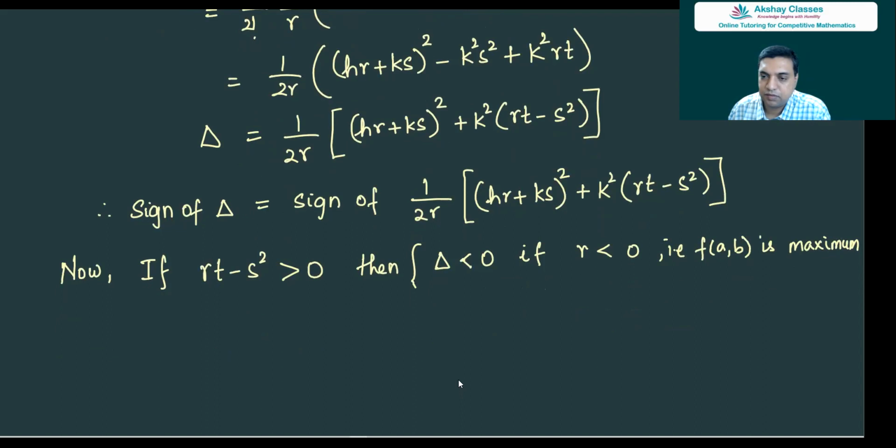Or delta is greater than 0 if r is greater than 0. That is, f of a comma b is minimum.